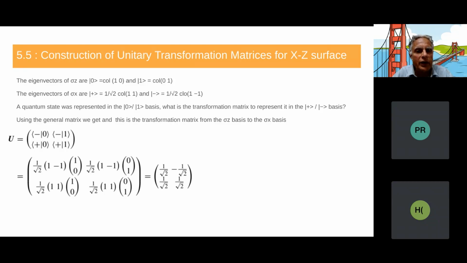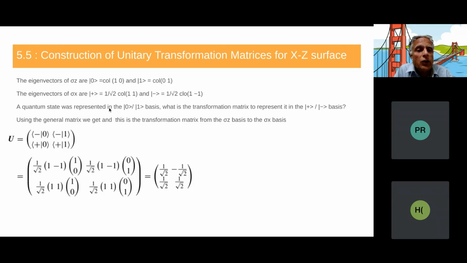So the vectors are column vector 1 0 and row vector 0 1 for ket 0 and ket 1. So if I take eigenvectors of sigma x, we know that sigma x, sigma y, sigma z, all of them have to have an eigenvalue of plus minus 1, and we can go through that computation.